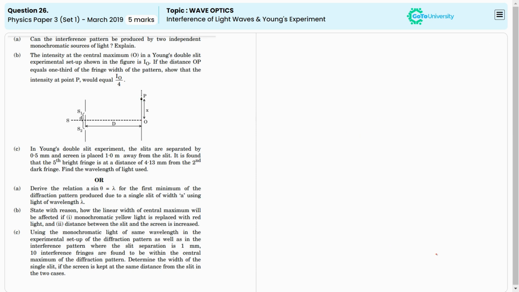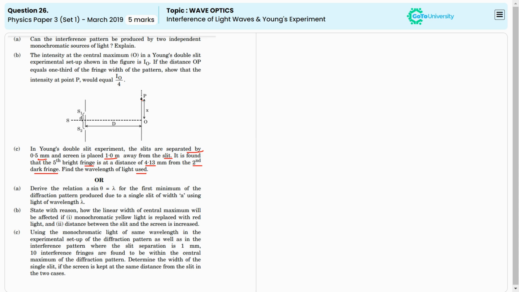Third part: in Young's double slit experiment, the slits are separated by 0.5 mm and the screen is placed 1.0 meter away from the slits. It is found that the fifth bright fringe is at a distance of 4.13 mm from the second dark fringe. Find the wavelength of light used.